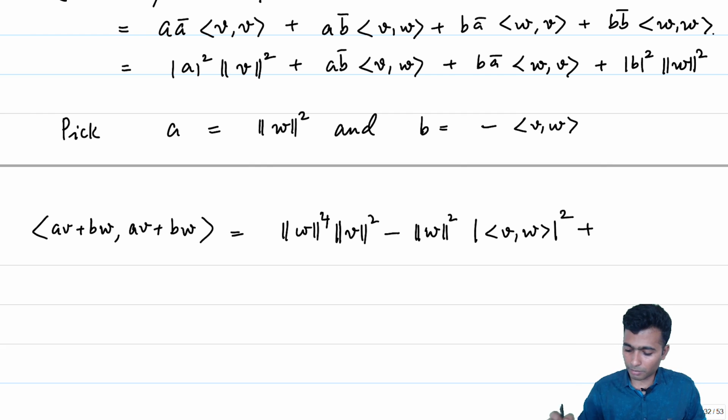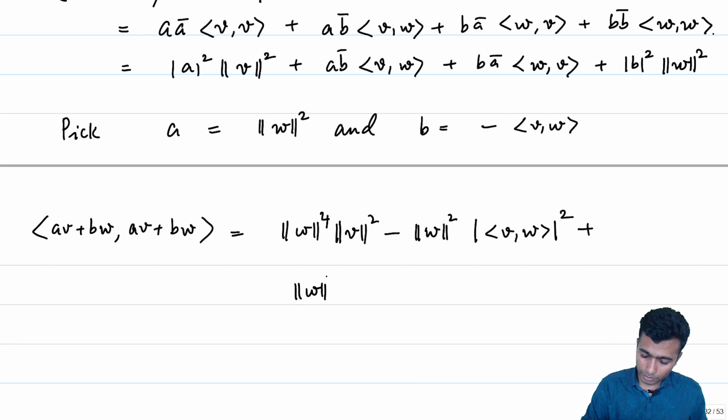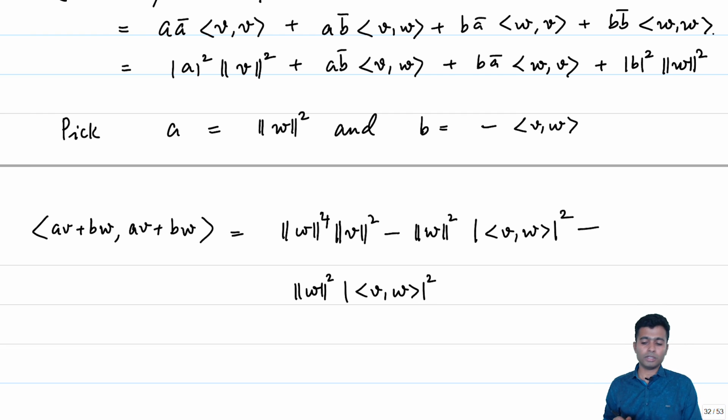What is the next term? This is A bar. A bar is just A because A is a positive real number, and therefore this is plus length of W square times B, which is minus of VW. So this is going to be minus of VW, and WV is just VW bar. So this is again going to be the absolute value of the inner product of V and W square, because we are multiplying a number with its conjugate.